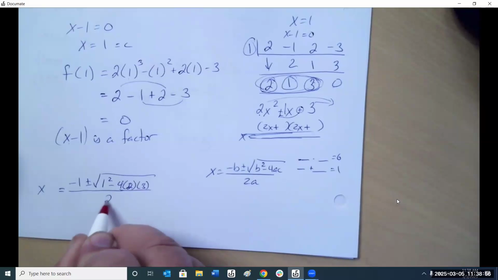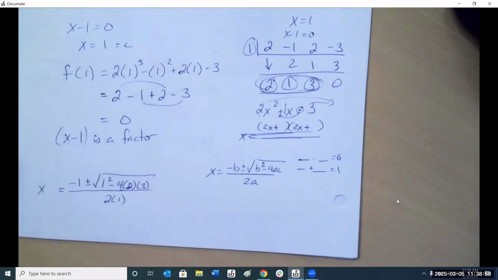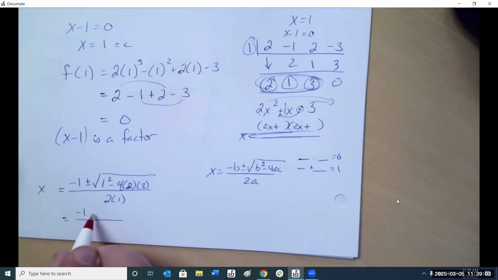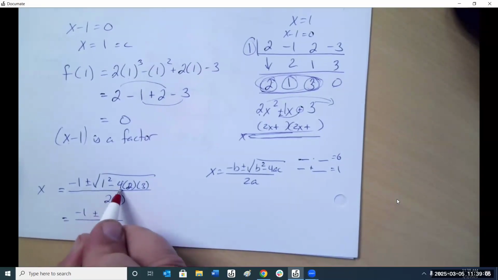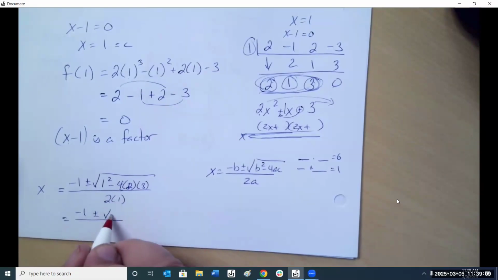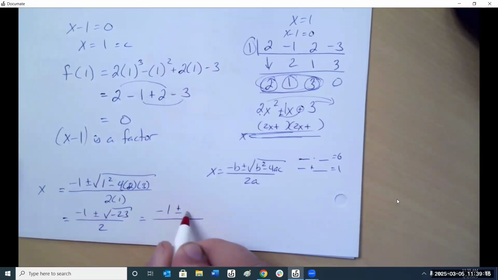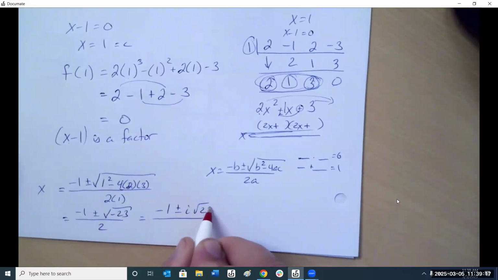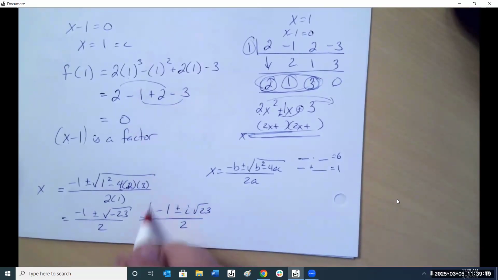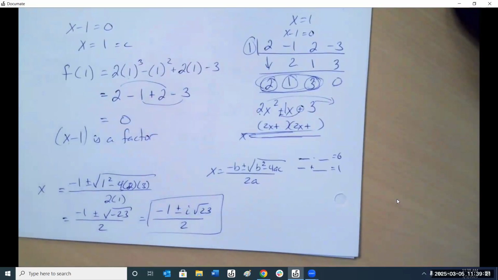You see why? -1 plus or minus the square root of 1 minus 24, since 4 times 6 is 24. 1 minus 24 is -23. So that's the reason we couldn't factor it, because two of our answers are complex conjugates of each other.